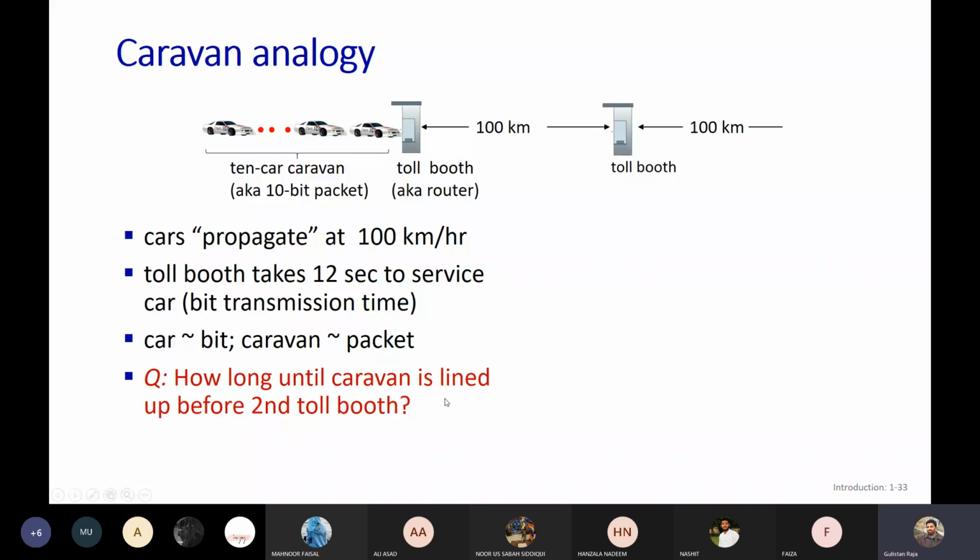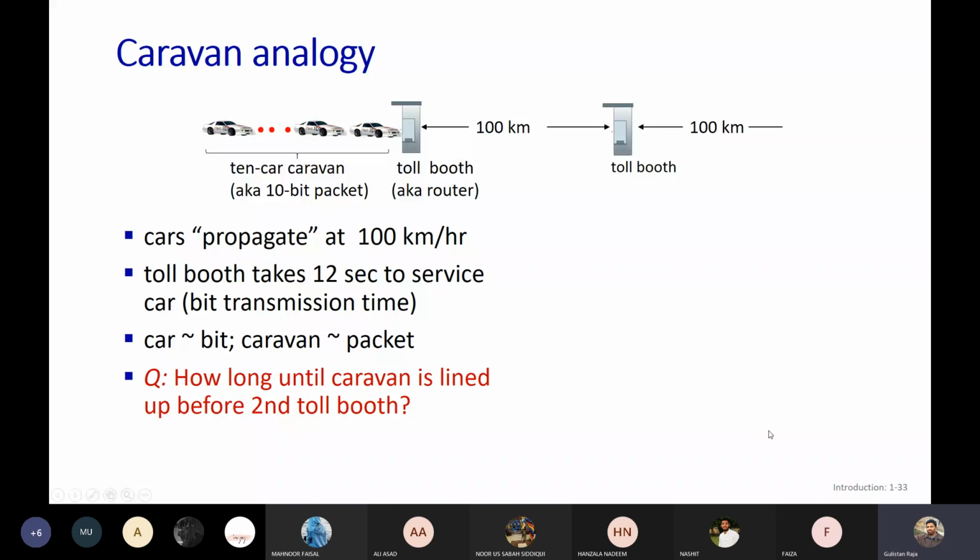Now the question is this: how long until the caravan is lined up before the second toll booth? How long will it take? Can you calculate? Cars are propagating at 100 km per hour and 12 seconds is taken to service a car. So consider it as bit transmission time.